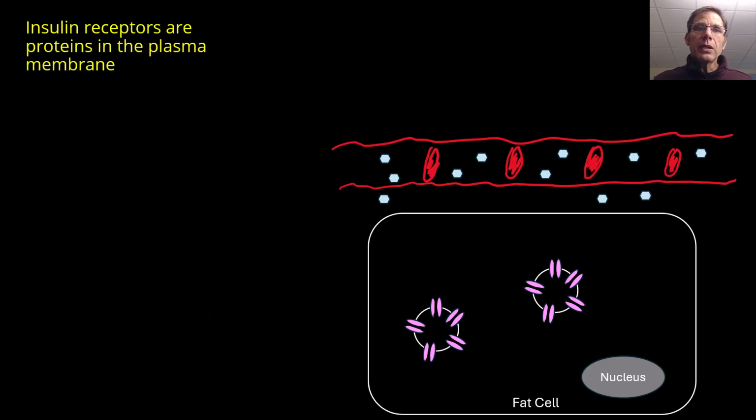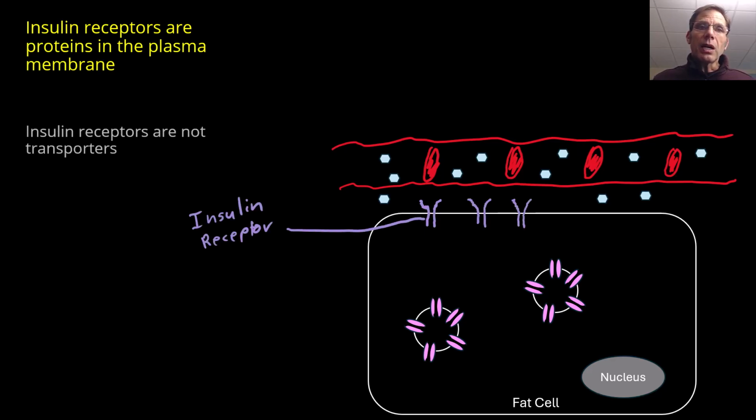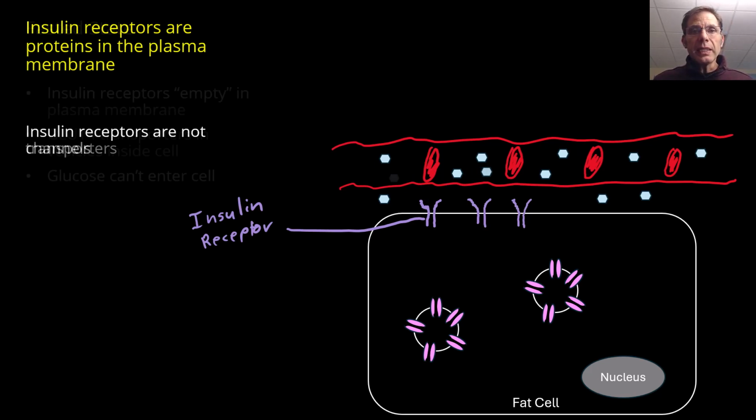In addition to the glucose transporters, there's another protein that's present in the fat cell in the plasma membrane, and these are insulin receptors, which I'm drawing here in purple. Insulin receptors are not transporters. So glucose doesn't enter the fat cell through an insulin receptor, but through the glucose transporter. These are separate proteins.